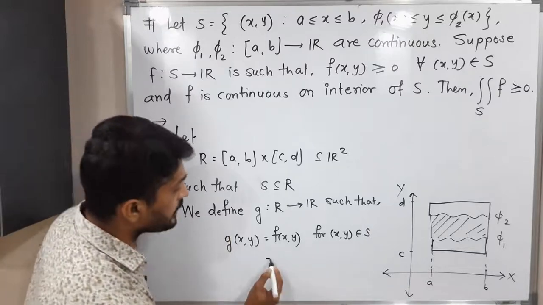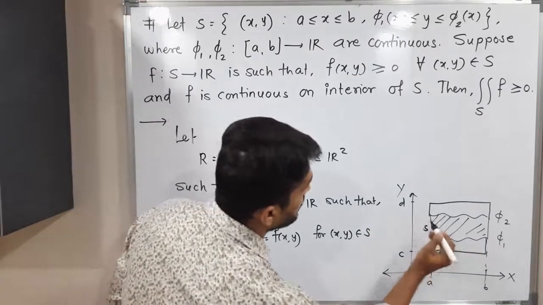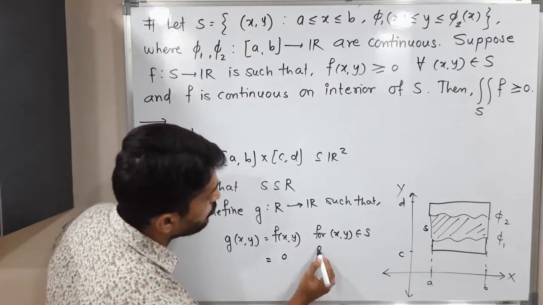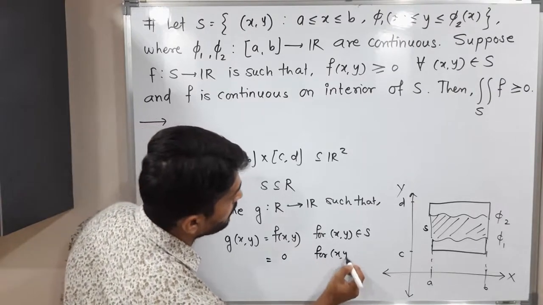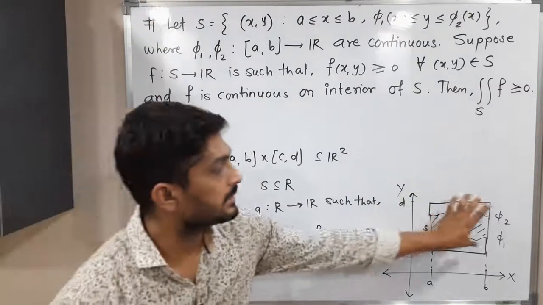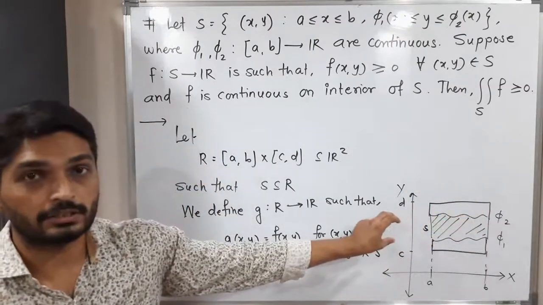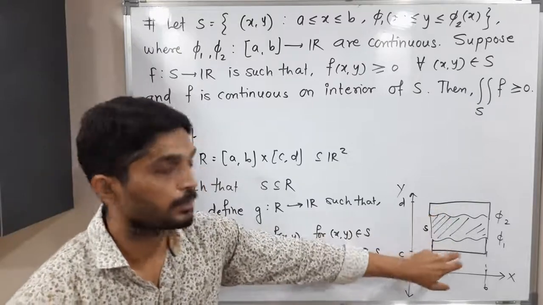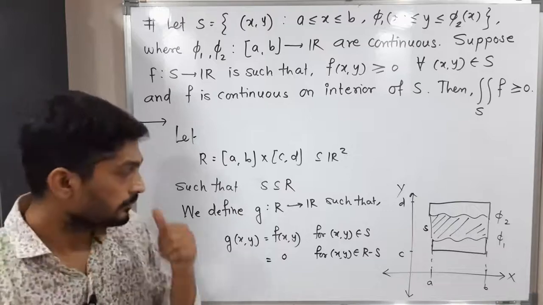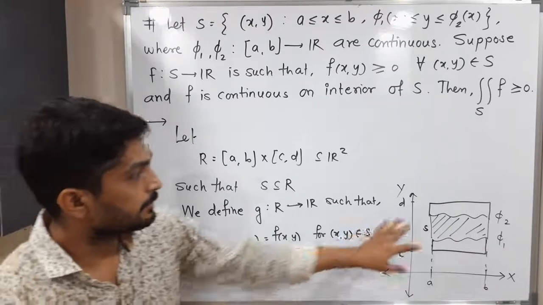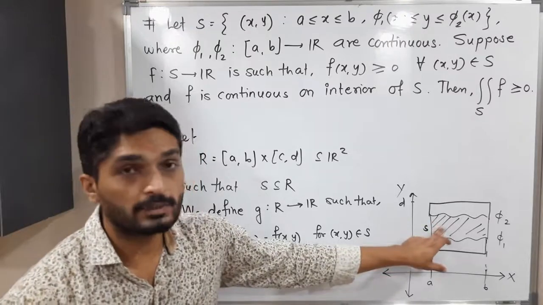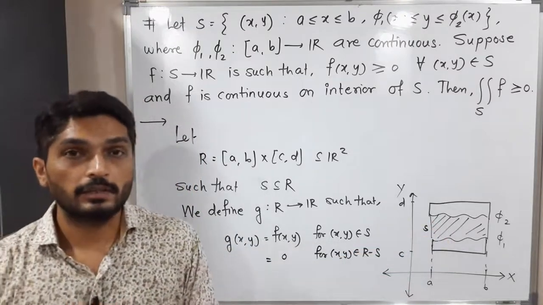But if you take a point outside the set S, then its value is 0, for (x,y) belonging to R minus S. R minus S means this rectangle minus the shaded region S, the complement of S in R. For that region the value of G is 0, and for a point from set S, the values of f and g are the same.